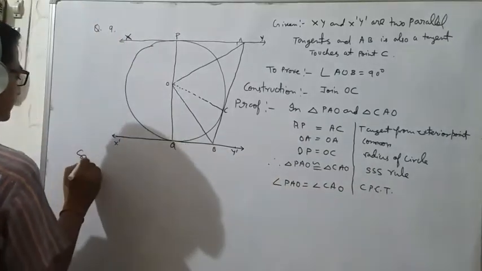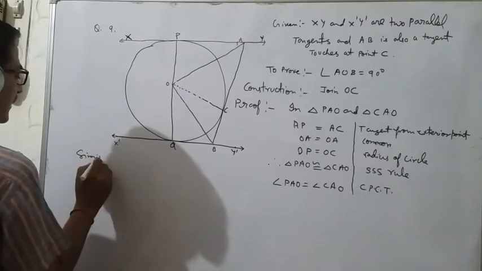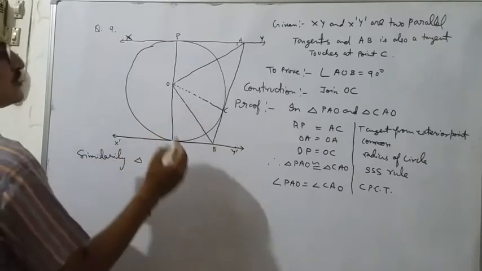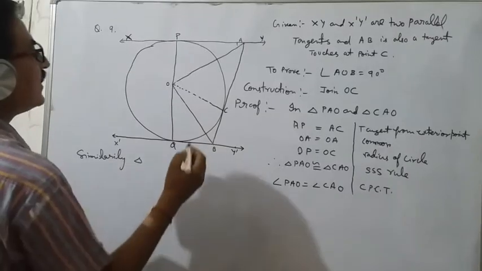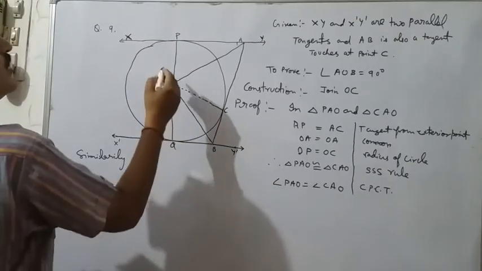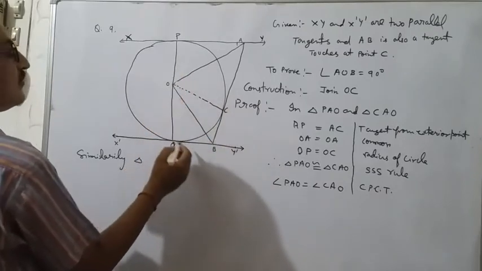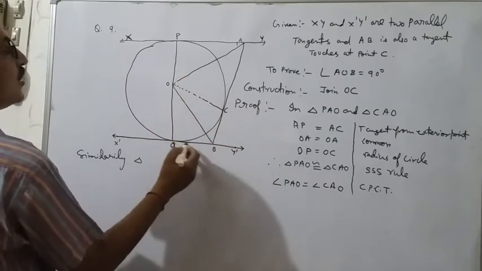Similarly, the other triangles are also congruent. We took PAO, so in the same way the triangle is QBO.